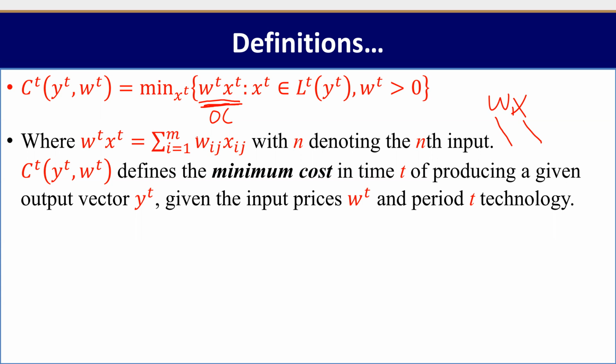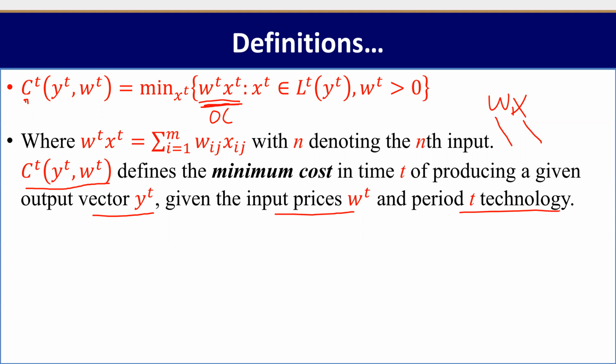And whatever you get here, the C means the minimum cost. So C(Y^T, W^T) is the minimum cost of producing the given output, given the exogenously fixed prices, and of course, given the technology.